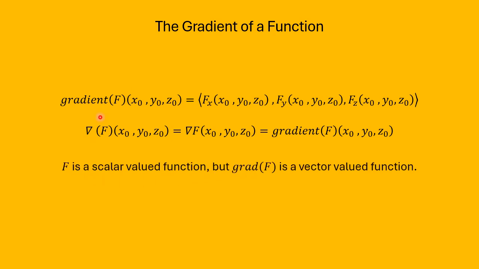F in this case is a scalar valued function. F of x, y, z is a number, but the gradient of f, as we can see from up here, is a vector valued function. When you evaluate the gradient of f at a point in 3-space, you get a vector with 3 components.